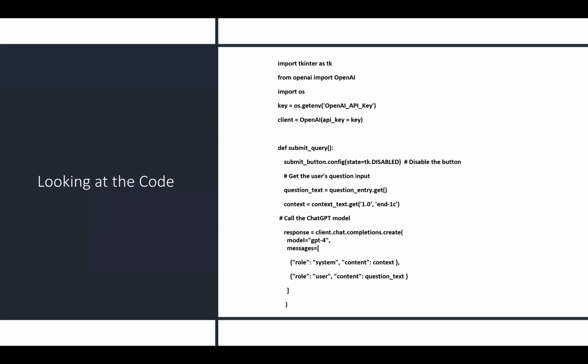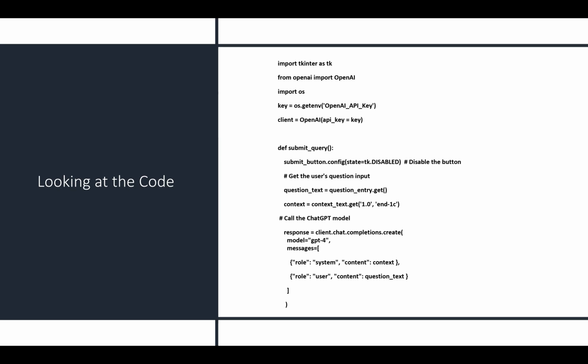So let's take a look at the code. And again, I'll be giving you the code completely at the end of the video. I'm using Tk to create my UI, so it's doing a lot of the processing for me. And you'll find that the majority of the code is actually in building the UI. That's not that uncommon. And so we import OpenAI.